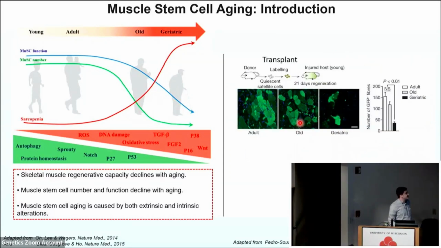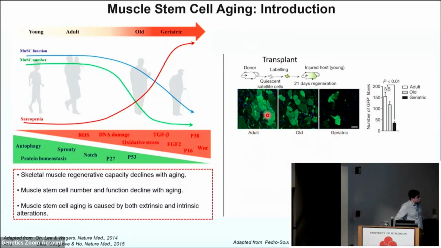So I always talk about this specific experiment that I think is one of the most critical experiments done in our field to demonstrate what I just told you, and that was done by Pura Muñoz-Cánoves's lab in 2014. What they did here is they took cells from different mice at different ages, so those are the ages of the donor mice.